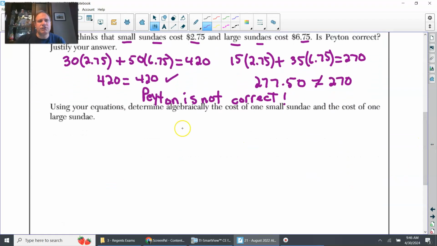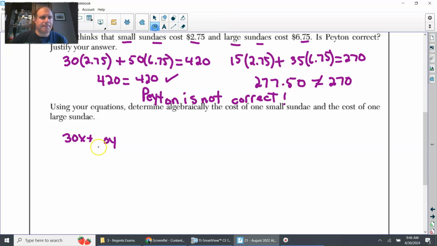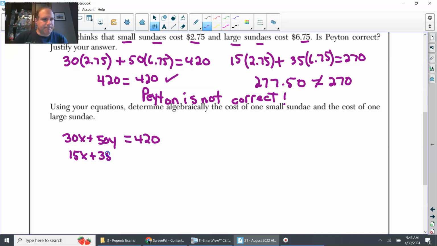Using your equations, determine algebraically what the cost of one small sundae and one large sundae is. So we're going to rewrite the system that we created up top: 30x plus 50y equals 420, and 15x plus 35y equals 270.